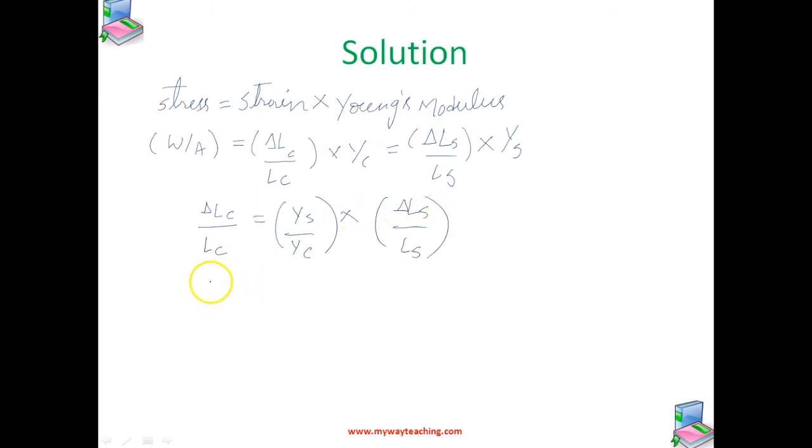We can write it as delta LC by delta LS is equal to YS by YC multiplied with LC by LS.